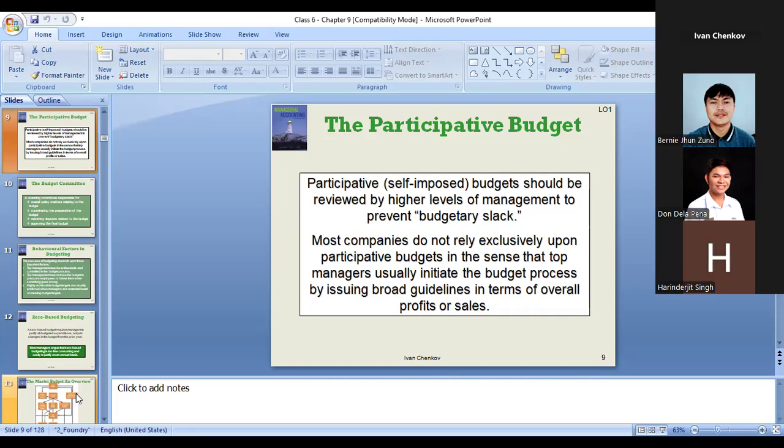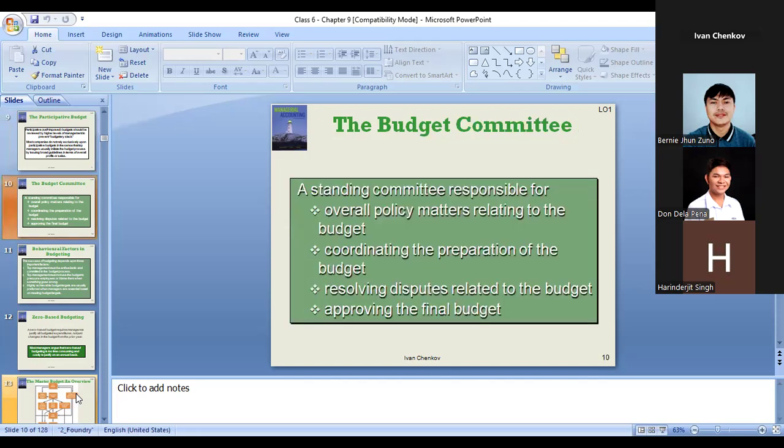For that reason, top managers review the budget at the end, and if they sense that there's a budgetary slack, then they step up and change the numbers of the budget. In big corporations, we're going to have a budget committee, which will be responsible for the overall policy in relation to the budget.